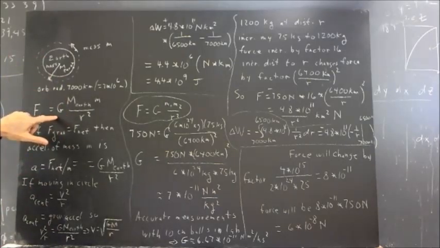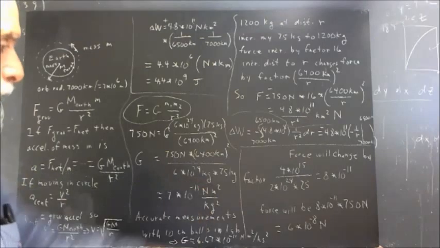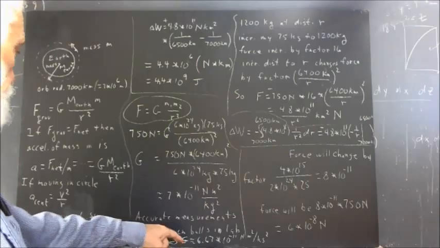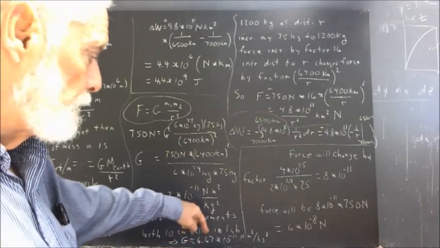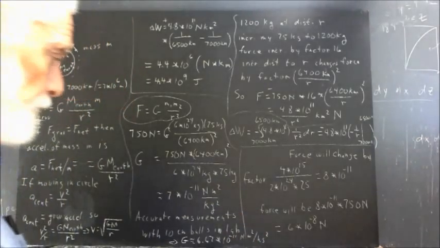G is our proportionality constant, which, according to our early data, was around 7 times 10 to the negative 11th Newton meter squared per kilogram squared, and which has an accurate value of 6.67 times 10 to the negative 11th Newton meter squared per kilogram squared.